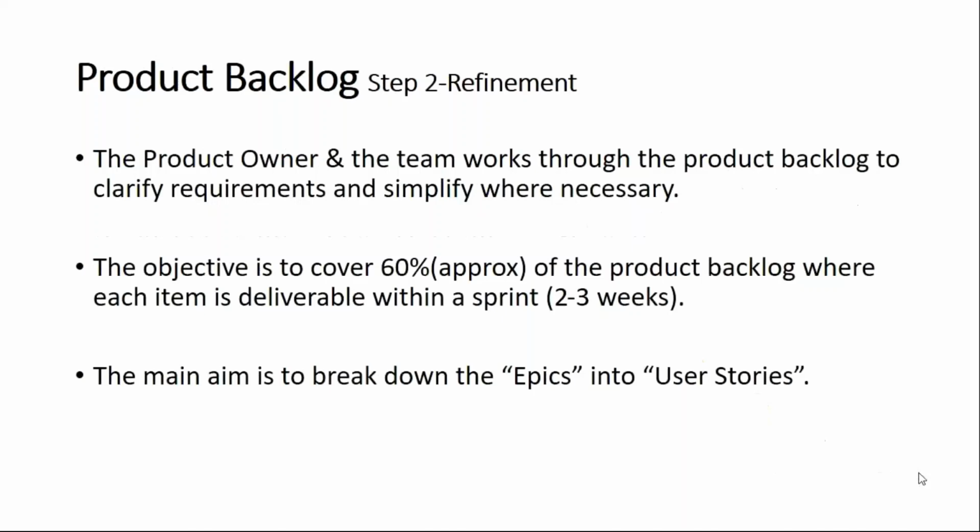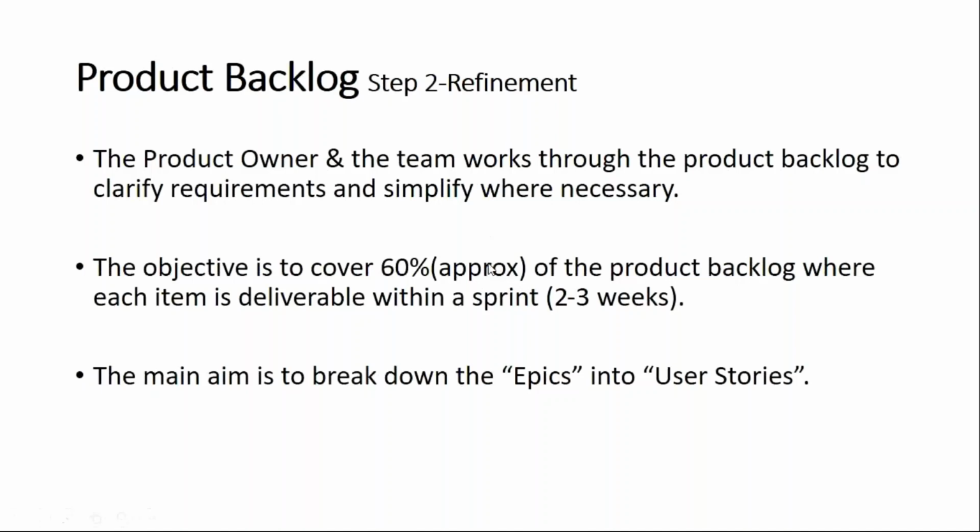The next is refinement. Again here, the product owner and the team work through the product backlog to clarify the requirements and simplify wherever necessary. If anything in a user story needs more information, they get those requirements clarified with the product owner. If they feel an item is at an epic level, they bring it down to a user story level.